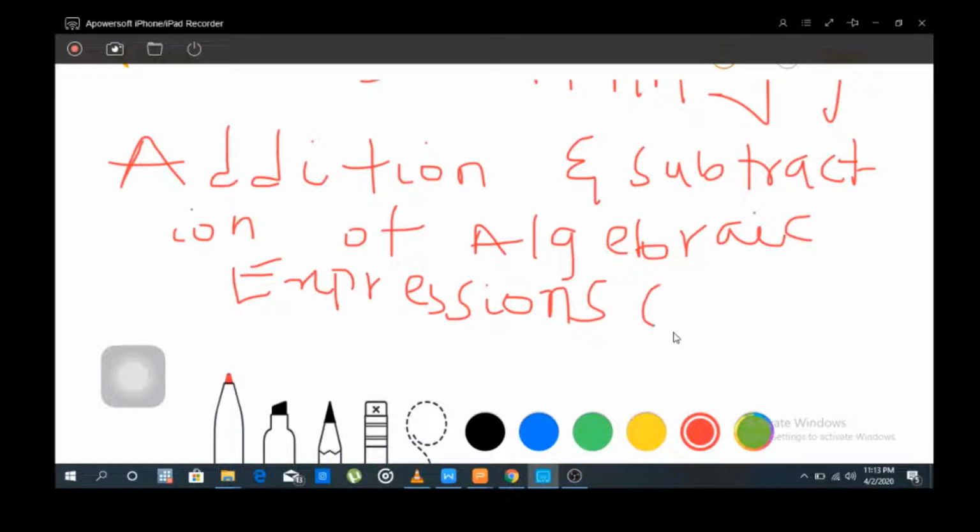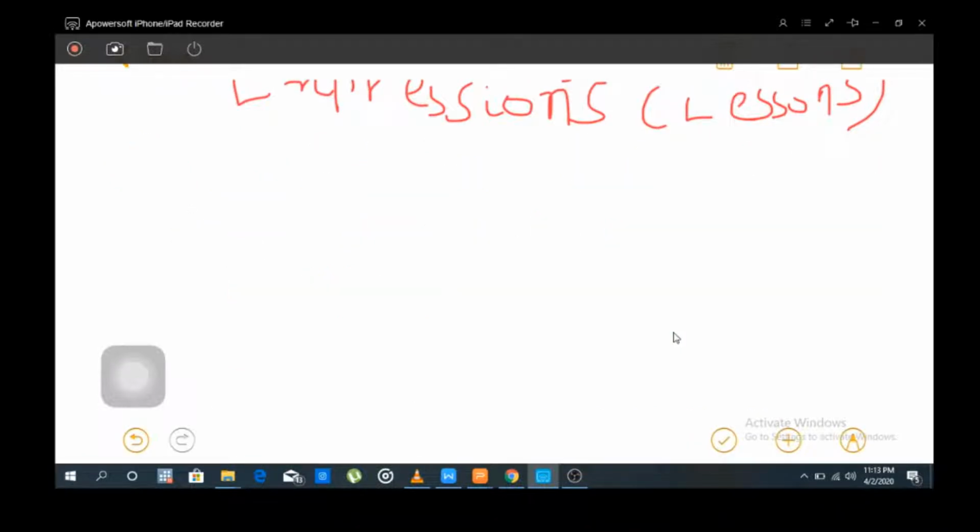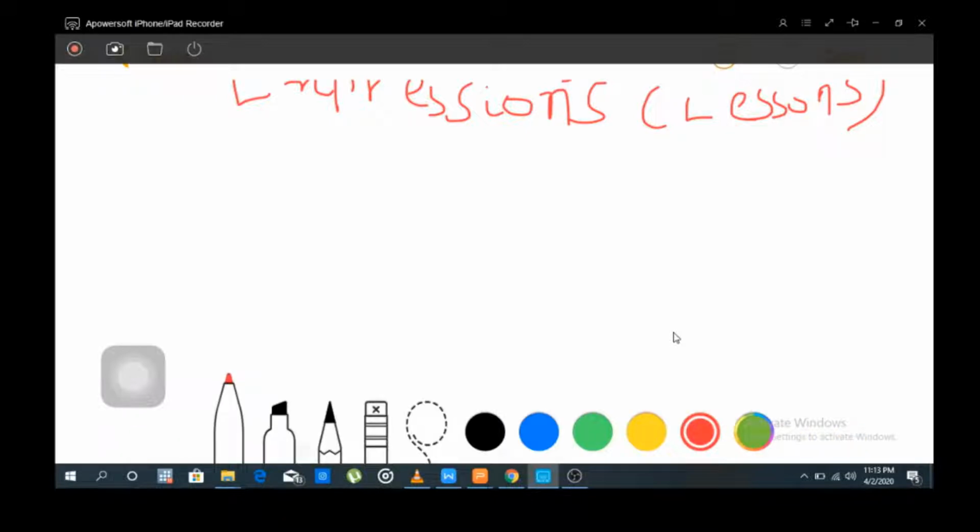So this is our lesson 3. The main focus of this topic will be on grouping like terms.